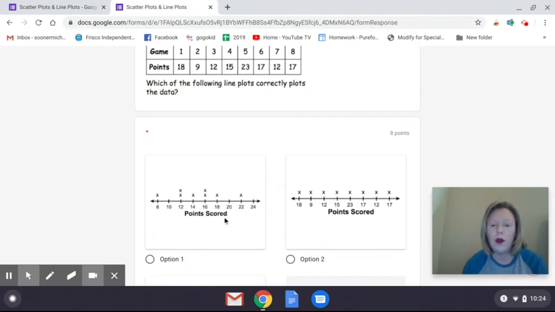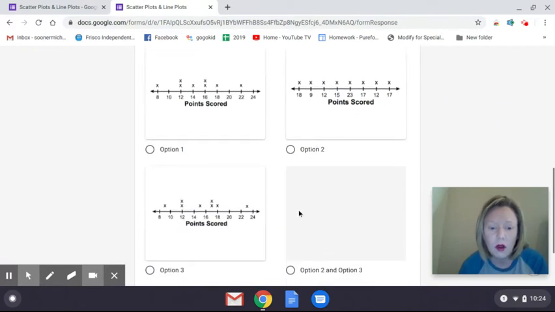Well, there's no 1 down here because they've only plotted the points. If I look at the points that were scored, I need at least one X above an 18. So I have an 18 here, and I have an 18 here, and a 1x over this 18.